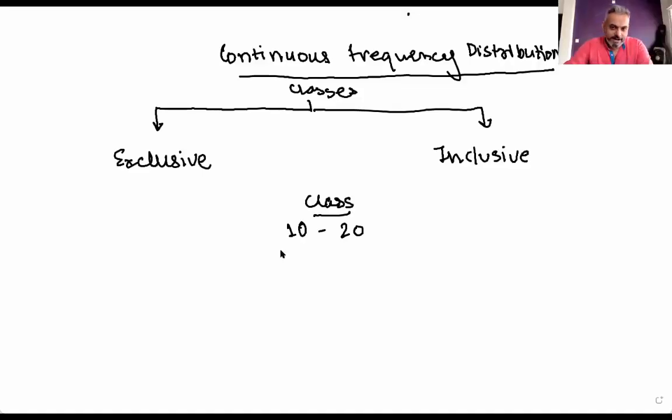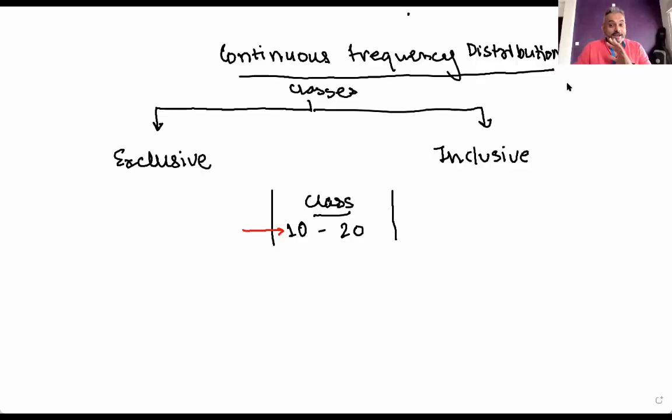Class 10 to 20, you type in the chat box whether it is inclusive or whether it is exclusive. Just one class is given over here. Just one class. So how can we say whether it is inclusive or exclusive?